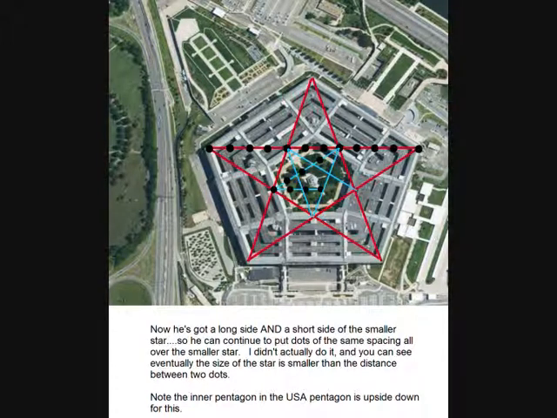Once we put equally spaced dots on the red star, we would have put equally spaced dots on the blue star. That's the impossibility.